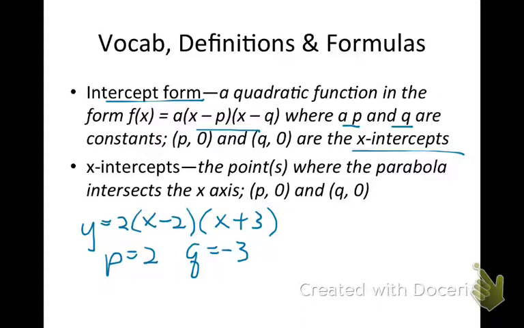So what do I subtract to get x plus 3? Well, I subtract a negative 3. So that means the parabola would cross the x-axis at the points (2, 0) and (-3, 0). Another definition to get down is x-intercepts. This is the points where the parabola intersects the x-axis.